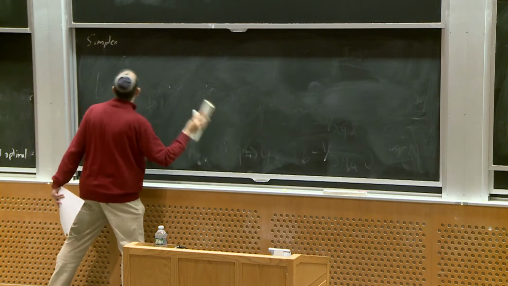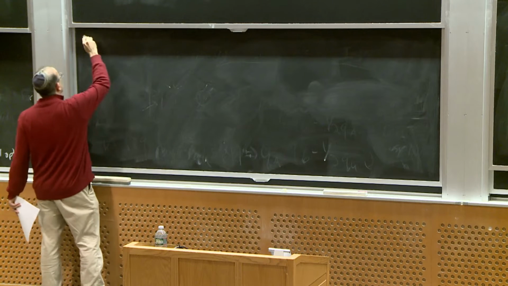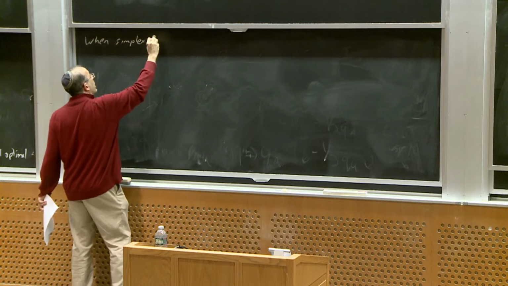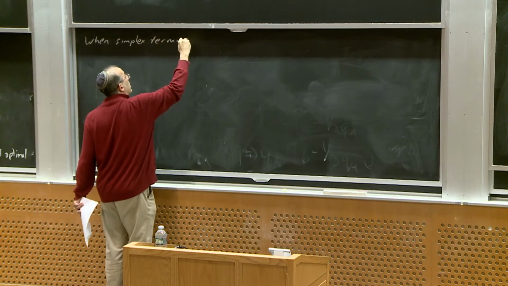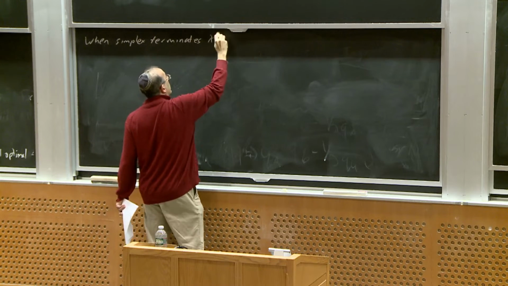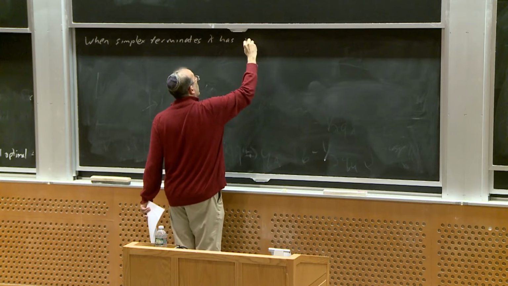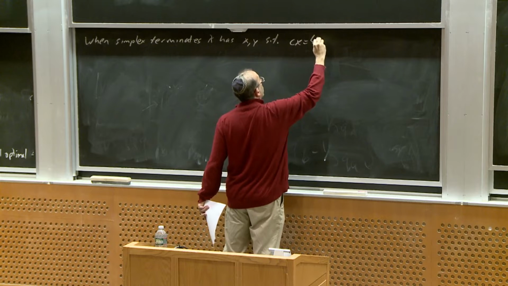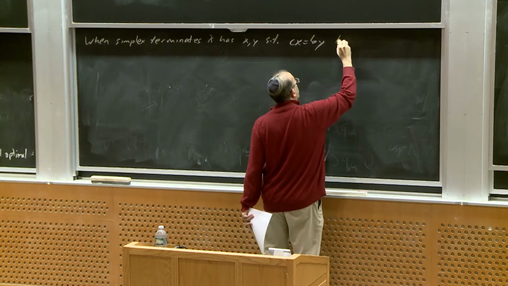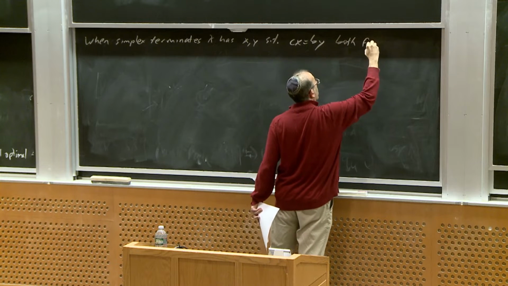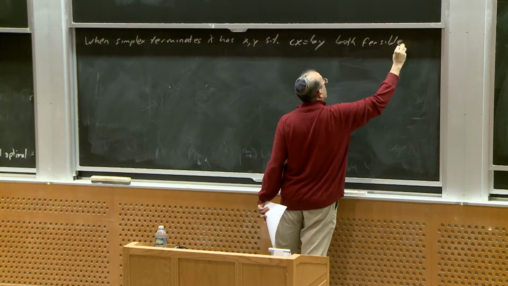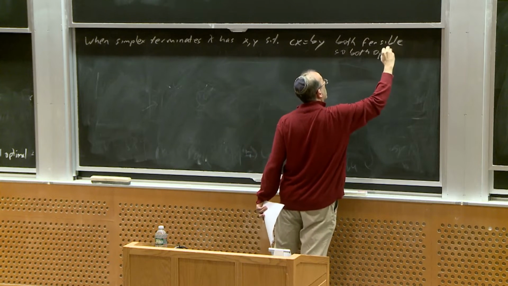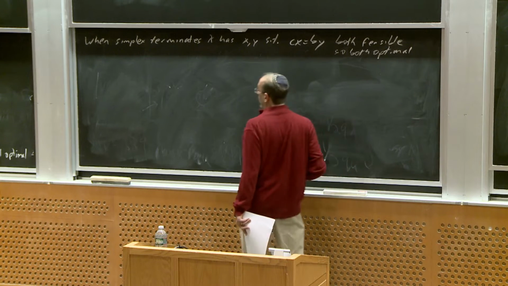Simplex, what I should say is, when simplex terminates, it has x and y such that cx equals by, and both are feasible. So of course they're both optimal, right?